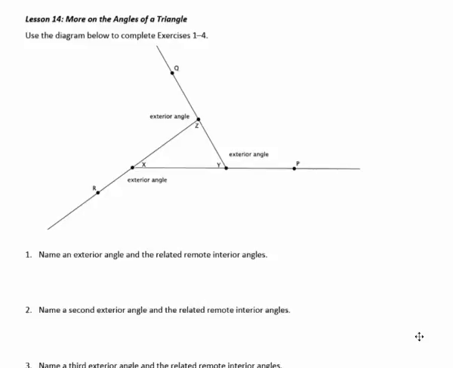Okay, ladies and gentlemen, so today we're going to do a little bit more work with our triangles. And we're going to be adding in a new word here that's going to be called an exterior angle. So let's just write that up here. And an exterior angle, just like we talked about alternate exterior angles in our parallel lines, exterior means outside.